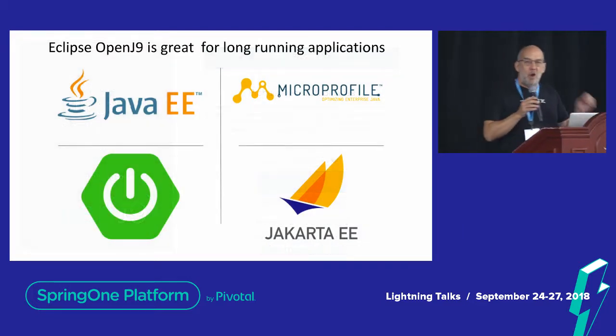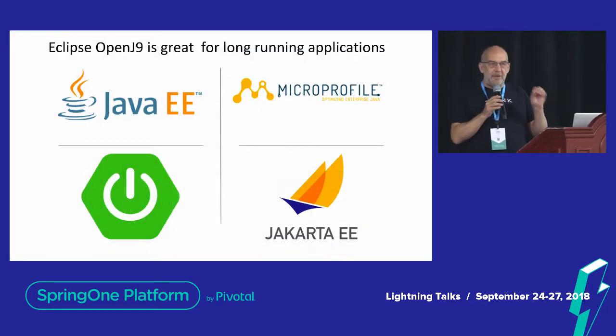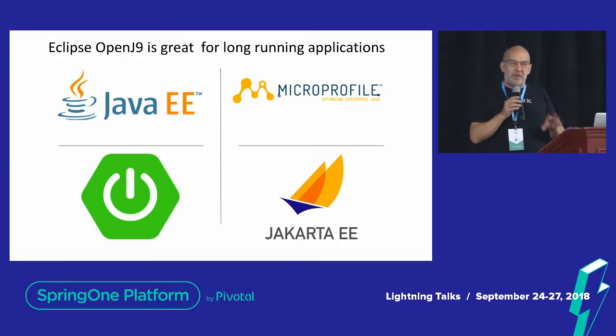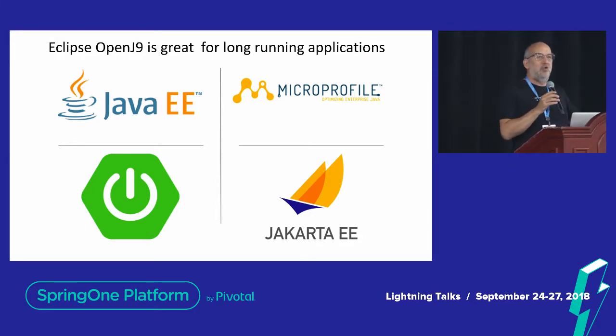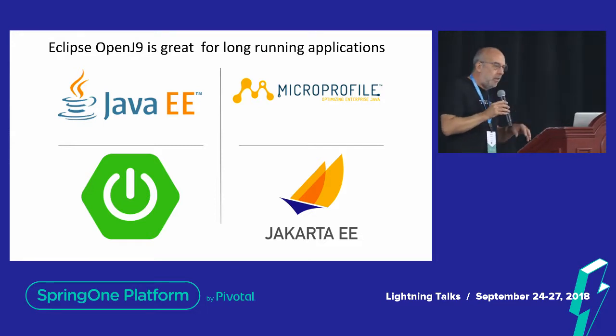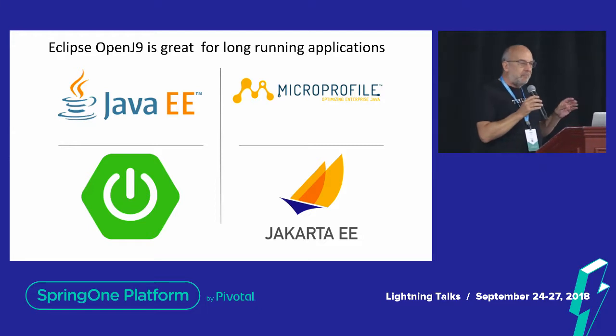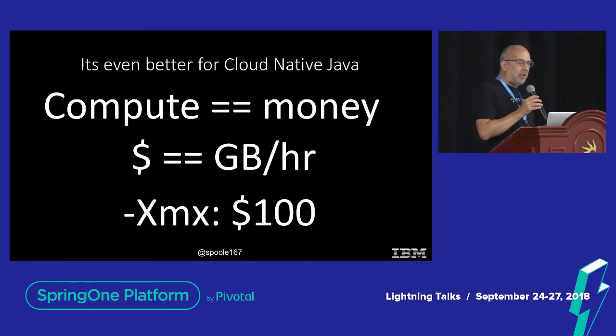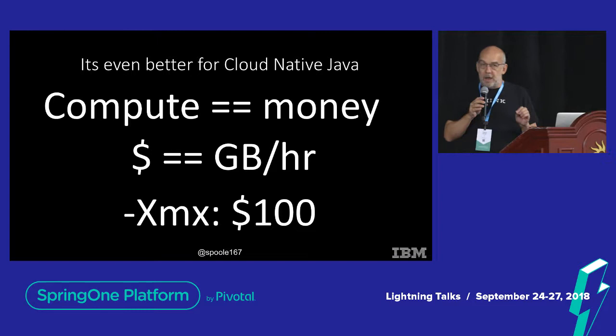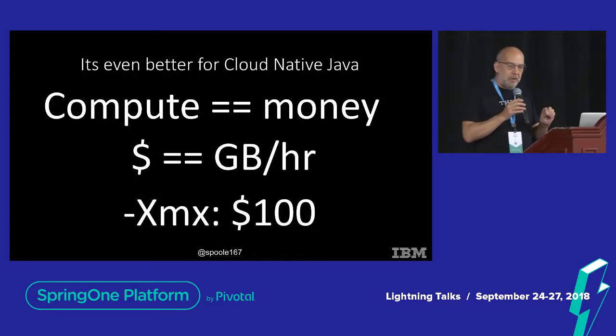So OpenJ9, of course, is able to give you all the benefits that you'd expect from a VM when running your traditional applications, whether it's EE or Spring or the new Jakarta EE stuff. Any JVM should be able to do that, and OpenJ9 is no exception. But it's really good for cloud, because in cloud the economics are different.